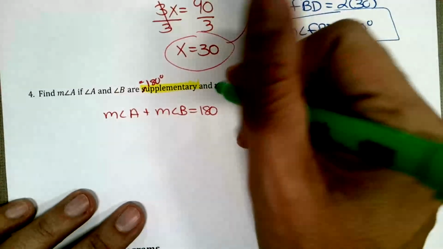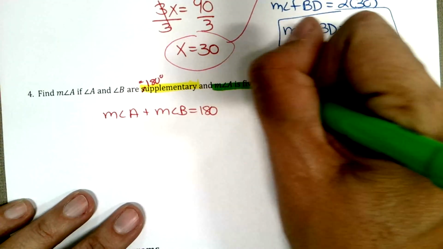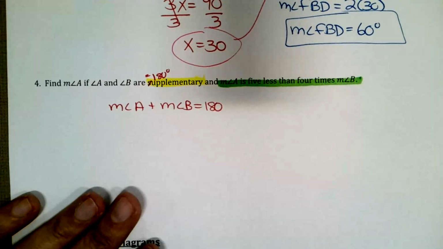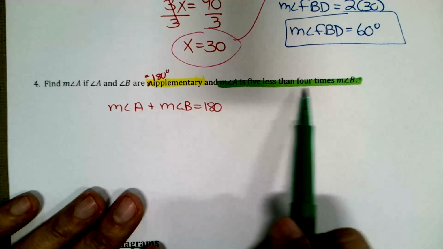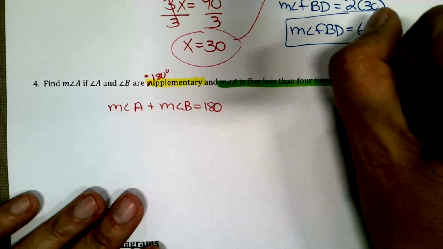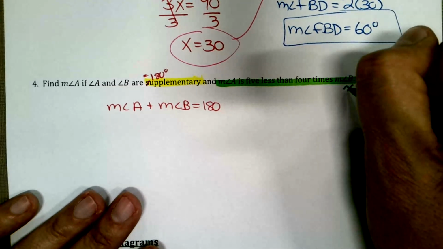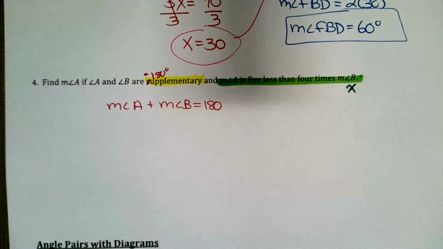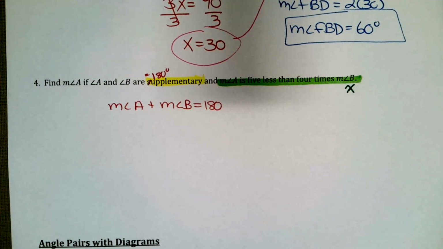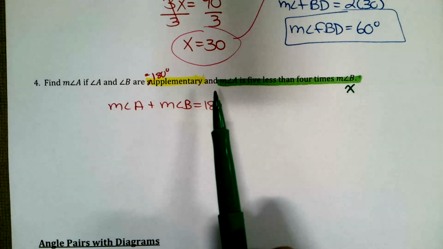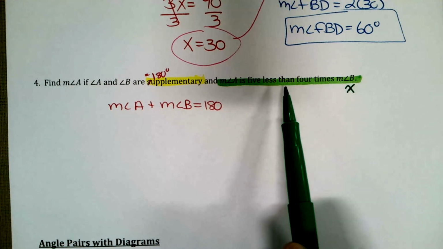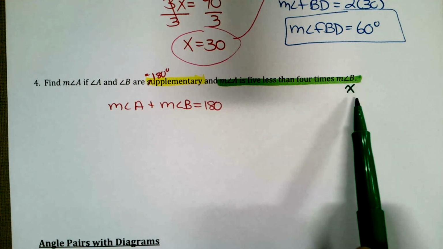Then we're going to look here to get our statements. The measure of angle A is 5 less than 4 times the measure of angle B. So whatever comes at the end is x. So the measure of angle B is x. Now the measure of angle A is 5 less than 4 times that.